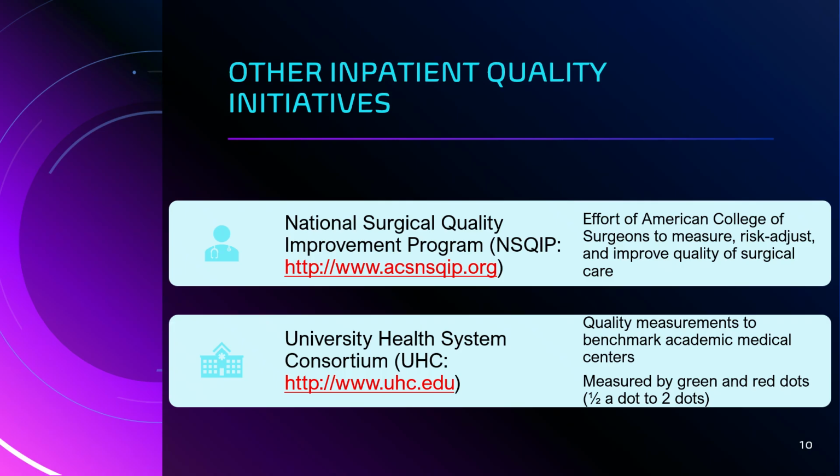Now, for clinical engineers, these initiatives matter too. Surgical quality, for example, depends on technologies like anesthesia machines, surgical monitors, sterilization systems, and even operating room robotics. If those systems aren't reliable, outcomes can be compromised, no matter how skilled the surgeon. And for academic medical centers where innovation and complexity are high, benchmarking helps ensure that engineering support is keeping pace with cutting edge clinical care.